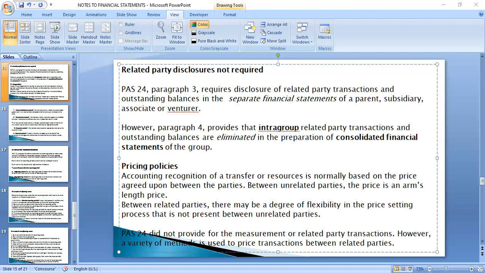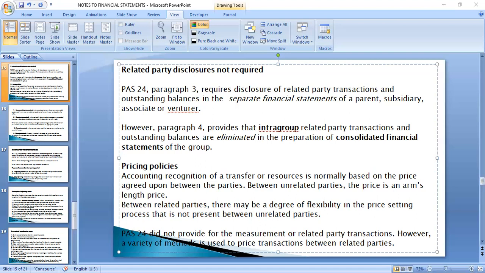Types of events after the reporting period. One, adjusting events after the reporting period are those that provide evidence of conditions that exist at the end of reporting period. And non-adjusting events after reporting period are those that are indicative of conditions that arise after the end of reporting period.